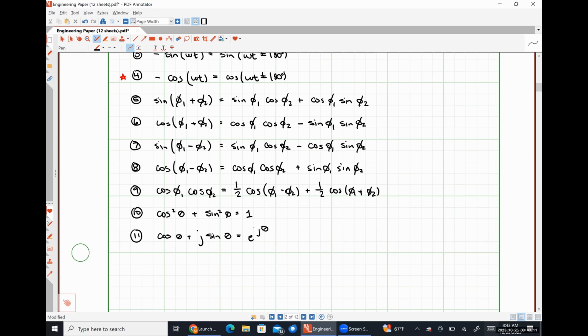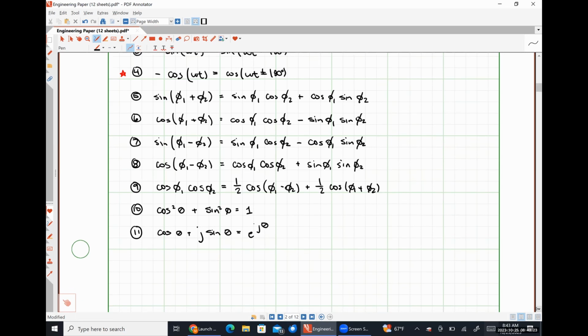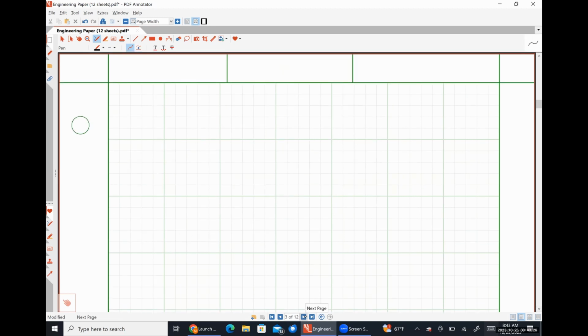All right. So before we move on from our sinusoidal review, can I go to a new page here? I want to talk about comparing sinusoidal signals. There are 3 rules that we need to follow when we compare sinusoidal signals, which is part of what we're going to be doing in this class.